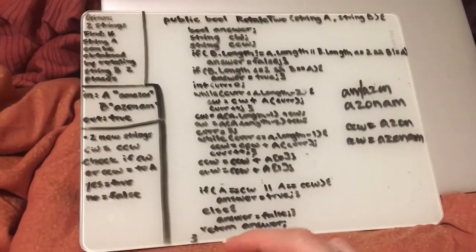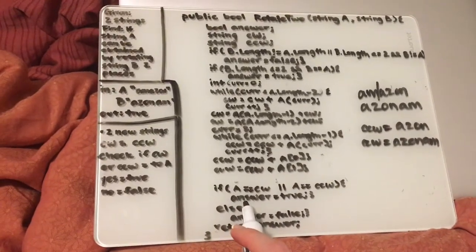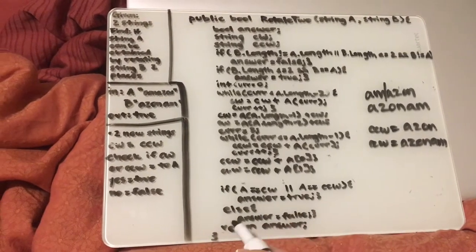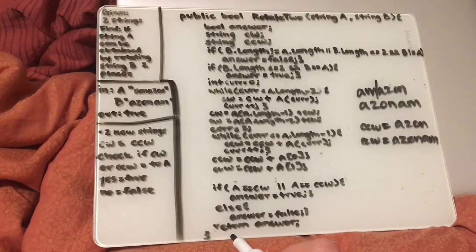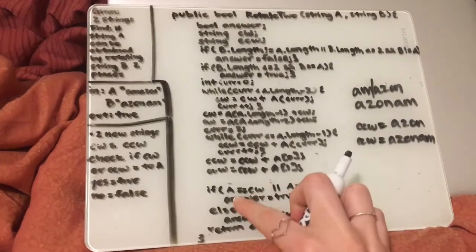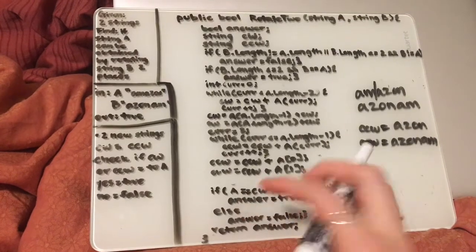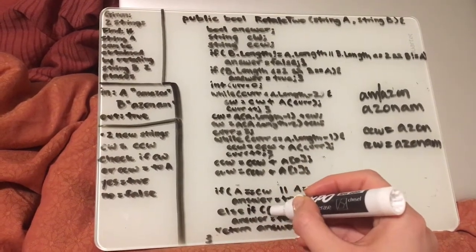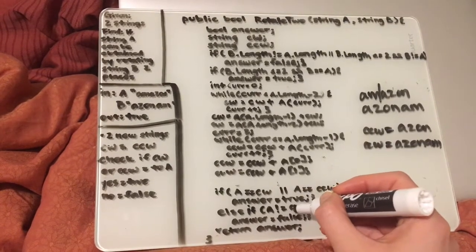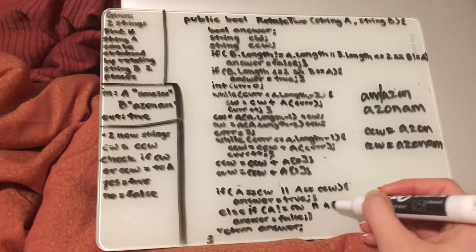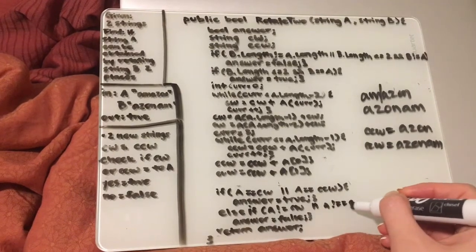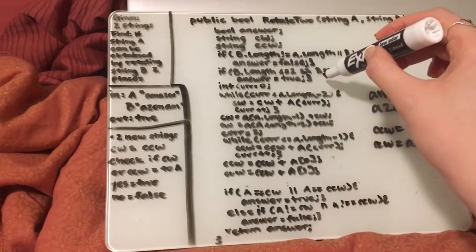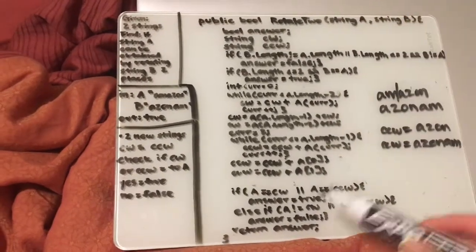Then we are checking if A is equal to clockwise, or if A is equal to counterclockwise, then the answer is true. Otherwise, the answer is false. Actually, else if A is not equal to CW or A not equal to CCW, because I don't want to get rid of our true and false that are up here.